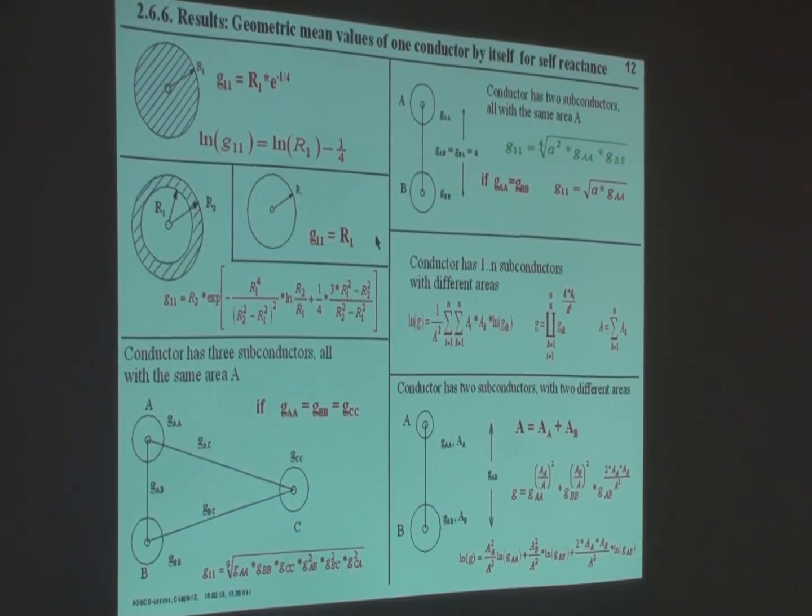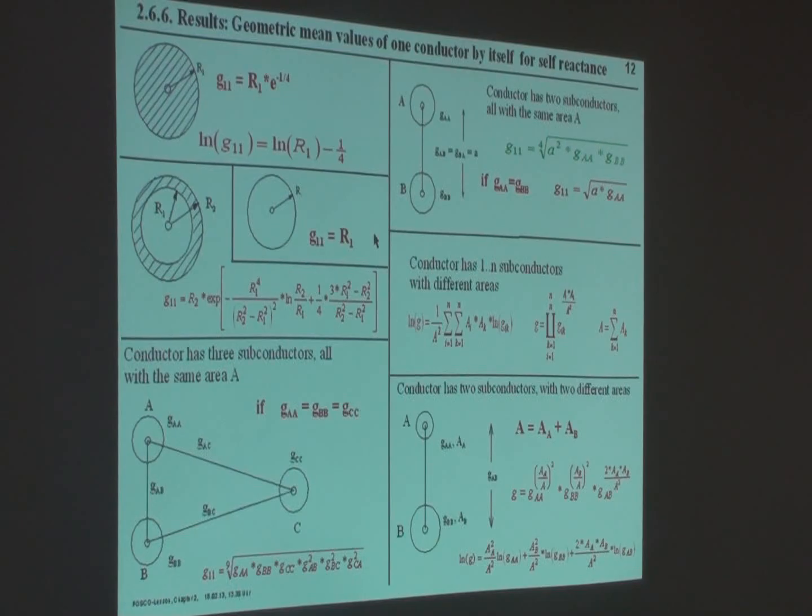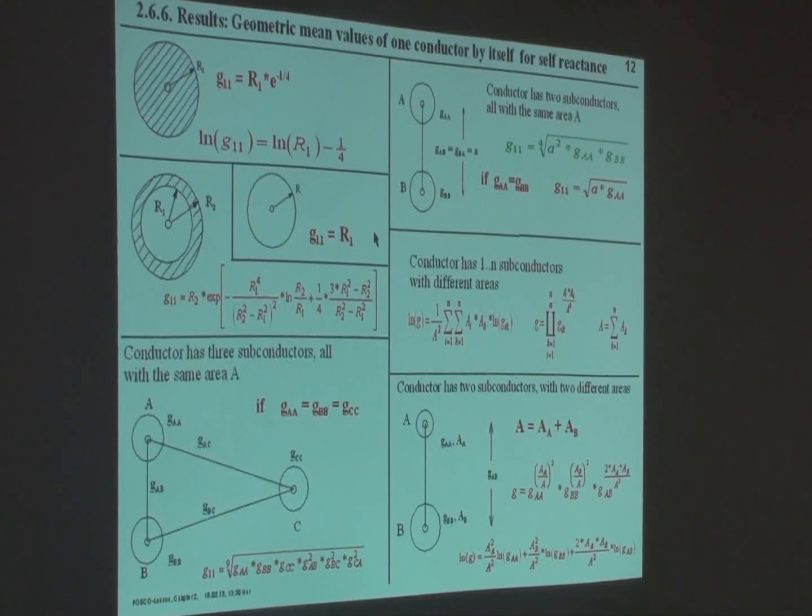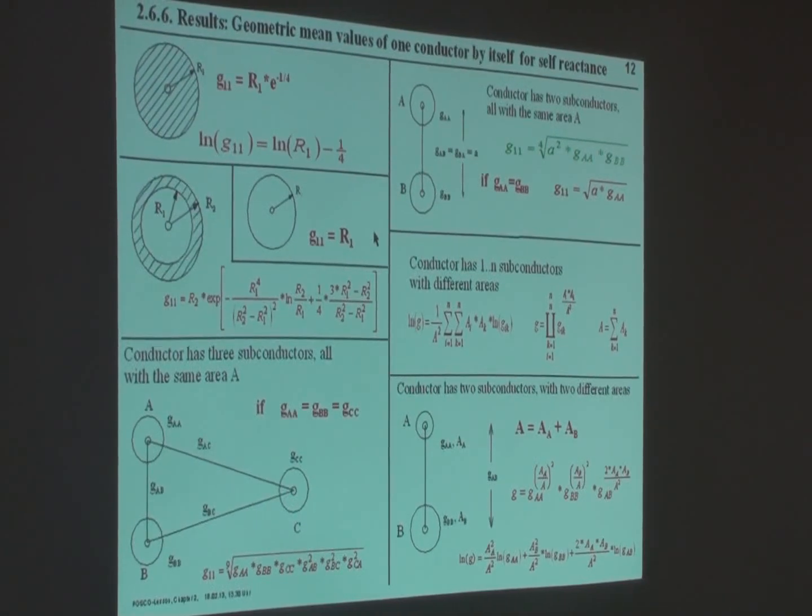If you have one conductor with 1 and 2, well, what to do now? You have G11, G22. What do we have also? G21 and G12. But these are equal.